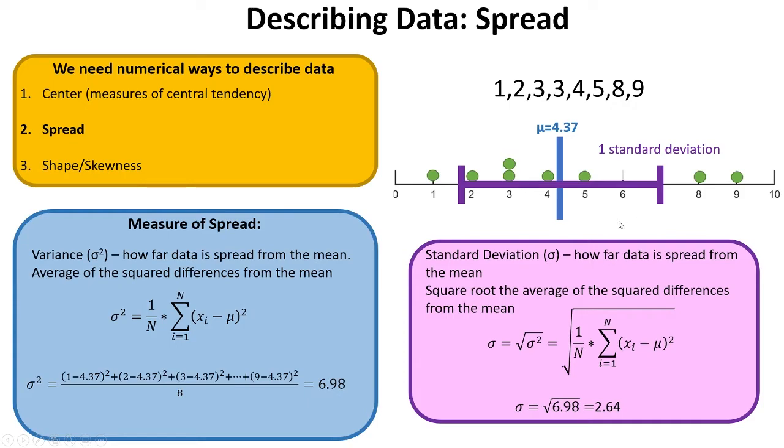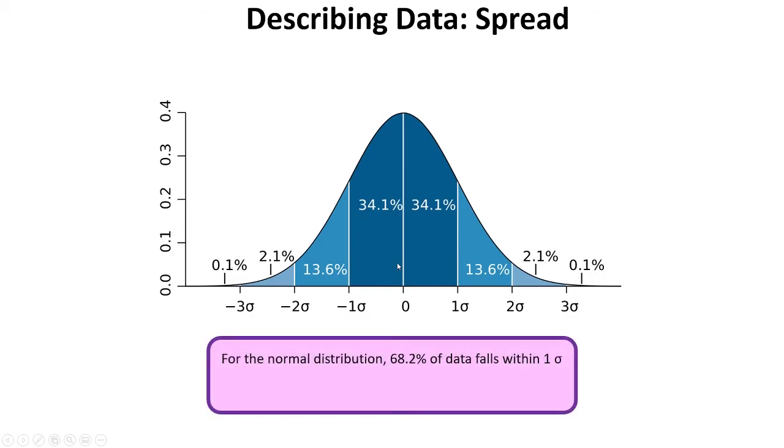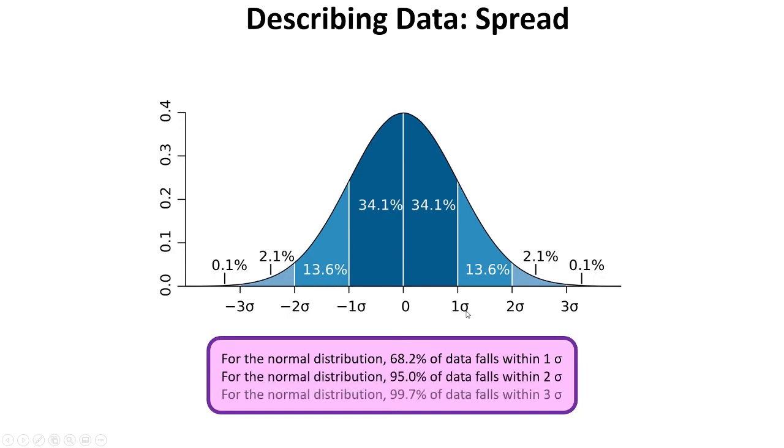So aside from this being a measure of spread, it becomes even more meaningful once we start looking at the normal distribution. So for the normal distribution, which we'll look more into next class, 68.2% of the data falls within 1 standard deviation of the mean. 95% of the data falls within 2 standard deviations from the mean, and 99.7% of data falls within 3 standard deviations from the mean.